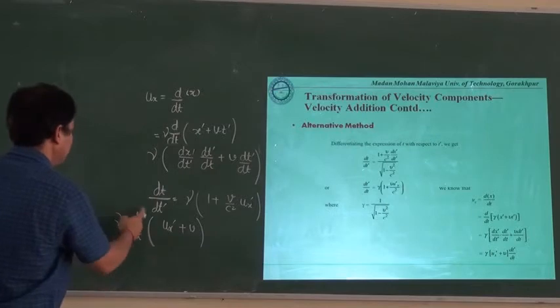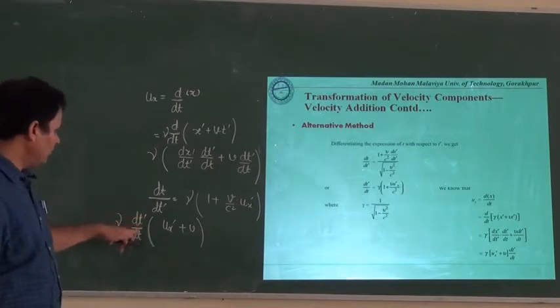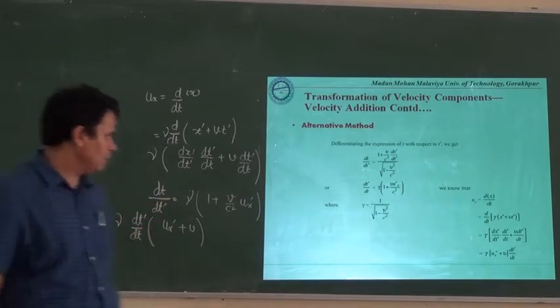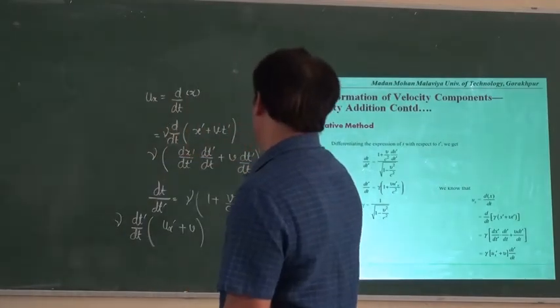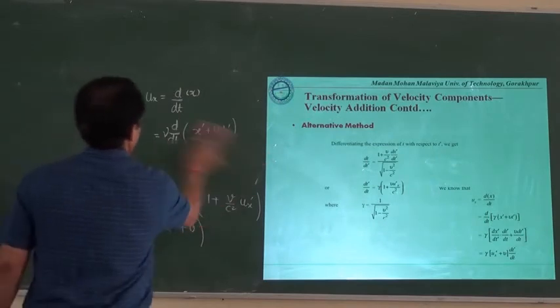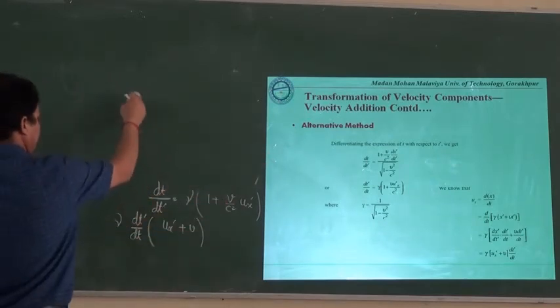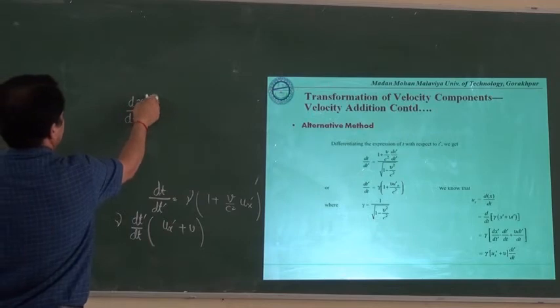If we put this value, the reciprocal of this is lying here as gamma times 1 plus v upon c square into ux dash. So that's why we write here, and using this we may write it as d upon dt of x, dx upon dt.